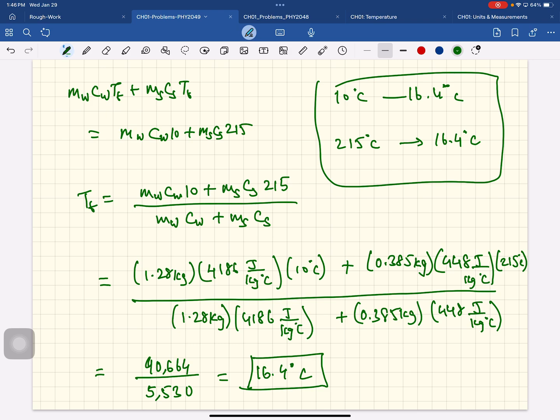It's very hard to change the temperature of a body of water substantially because of its high specific heat. That's why waterfront property is expensive, besides being pretty as well.